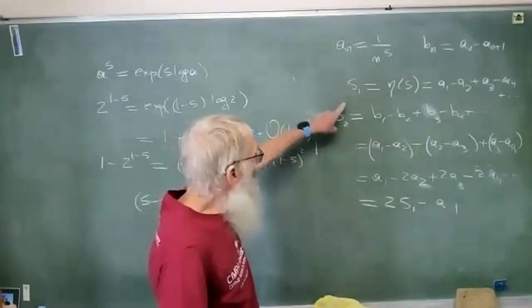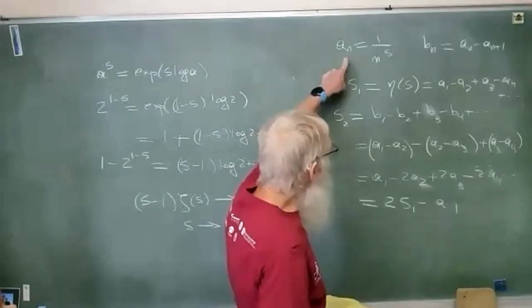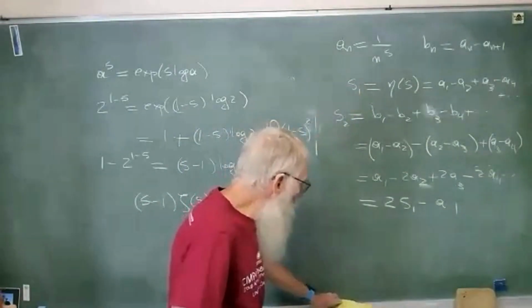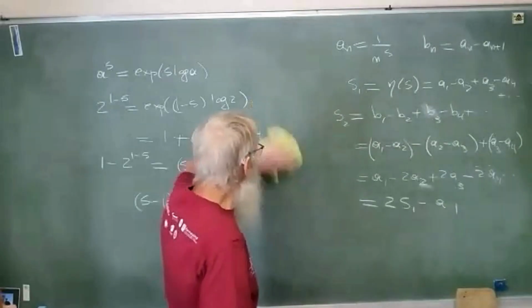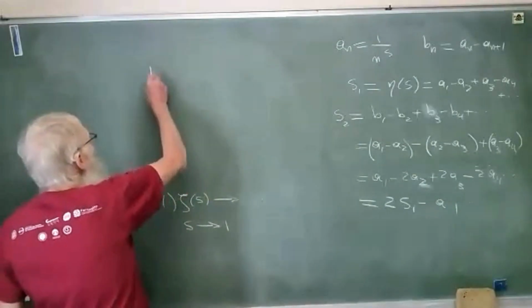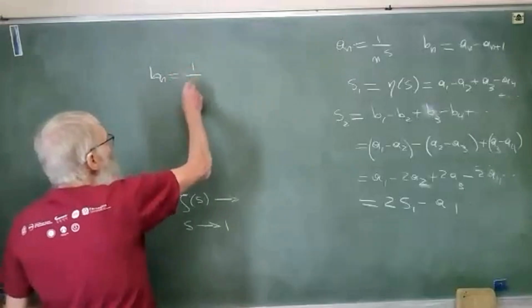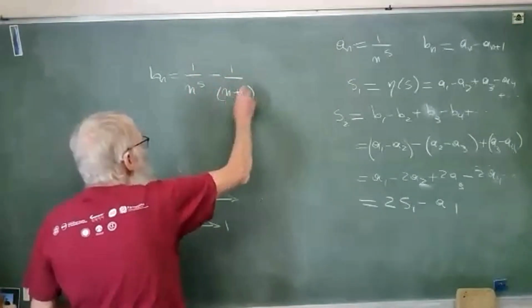The absolute convergence of eta of s was obtained for the real part of s greater than 1. But now what can we say for An minus An plus 1? Bn is 1 over n to the s minus 1 over n plus 1 to the s.